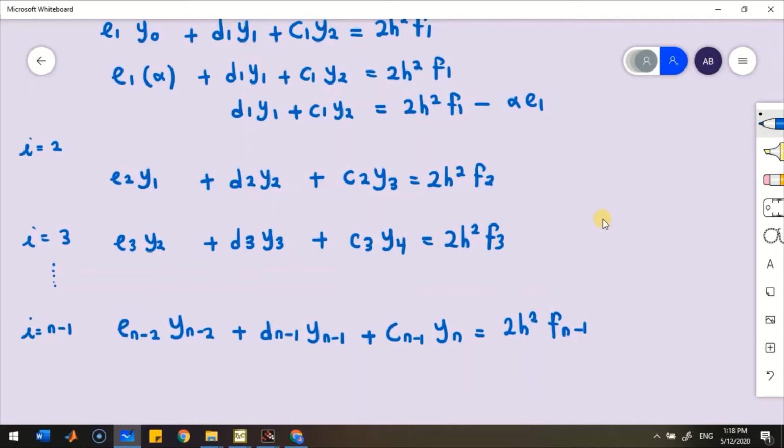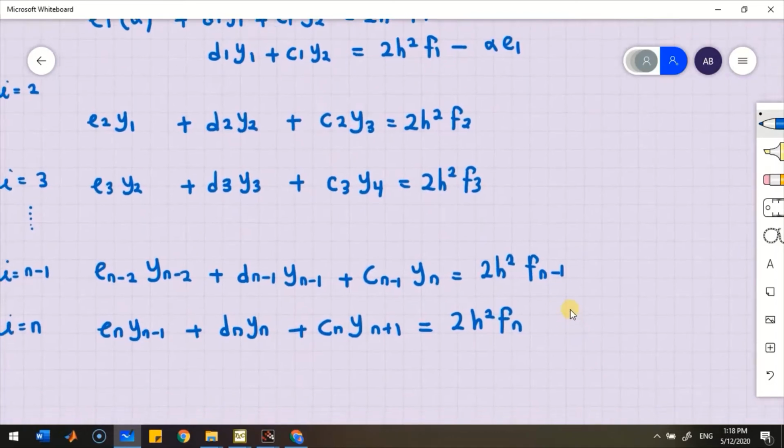Okay, and then we have y at n. If i equals n, we have e n y n minus 1 plus d n y n plus c n y n plus 1 equals 2h squared f of n.